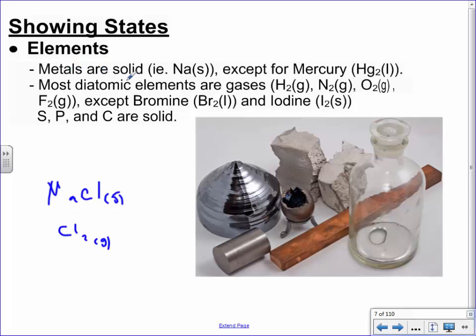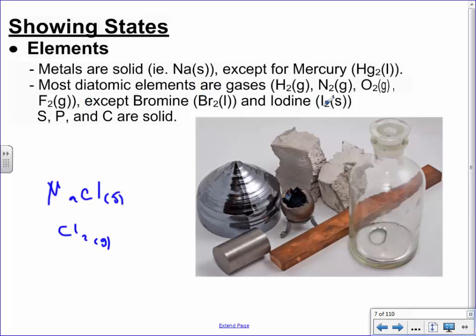So in general, metals are solid. In general, okay? Please don't confuse them as though they mean the same thing, because that's a more or less rule. Mercury is the exception. Now, most of your gases on the periodic table are your diatomic elements. So hydrogen, nitrogen, oxygen, fluorine are all diatomic, and they always come in groups of twos.